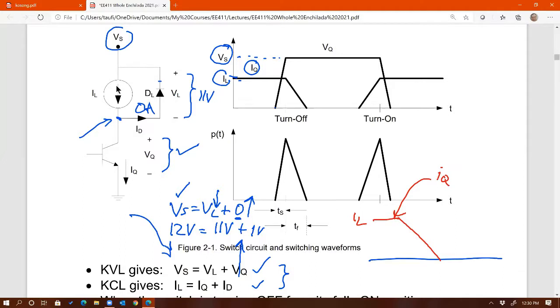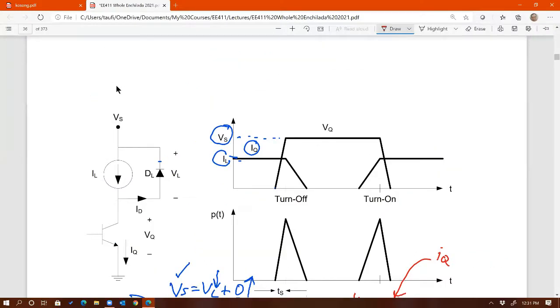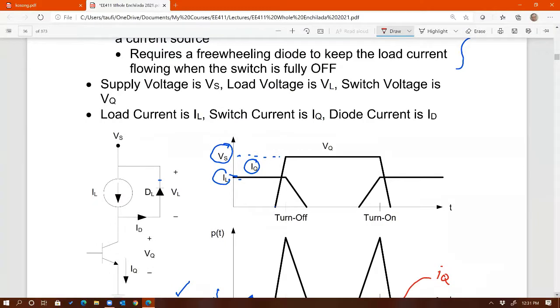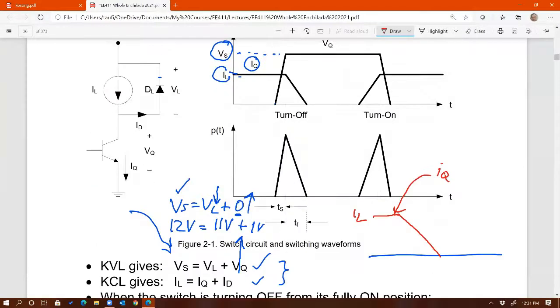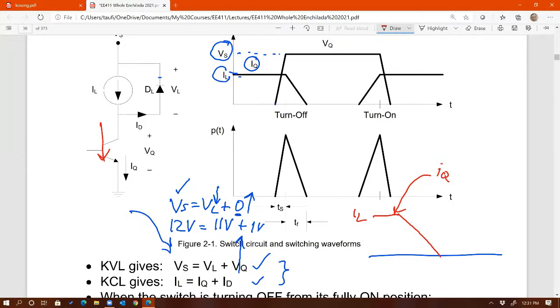What can you get from there? As the switch current starts to decrease from IL, what does it imply?